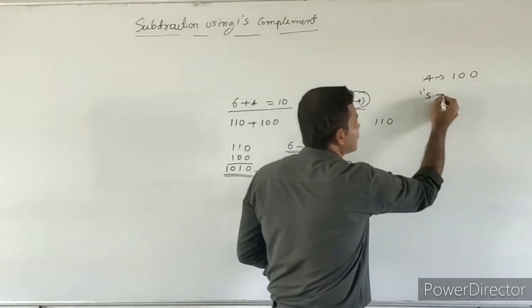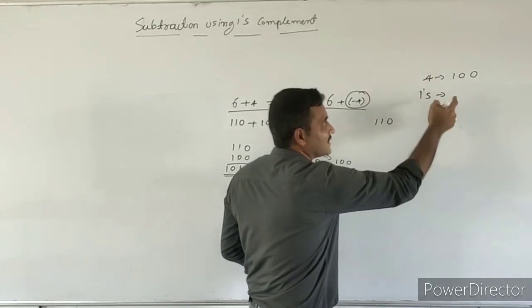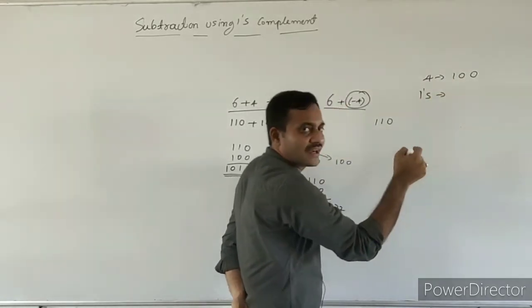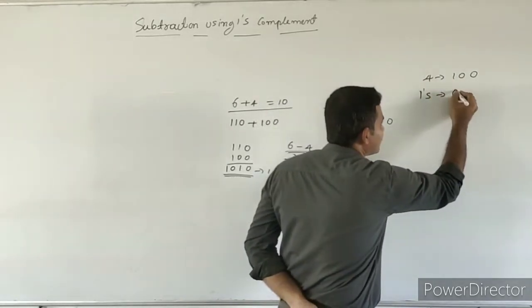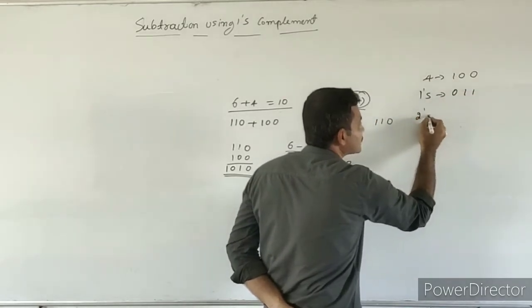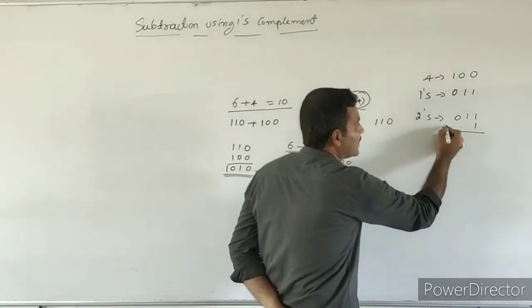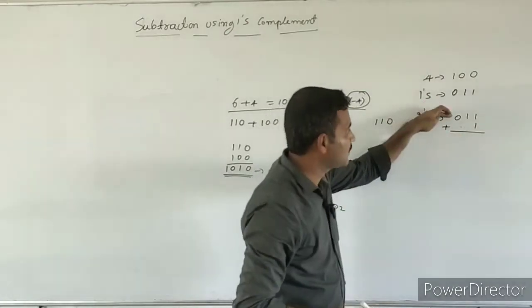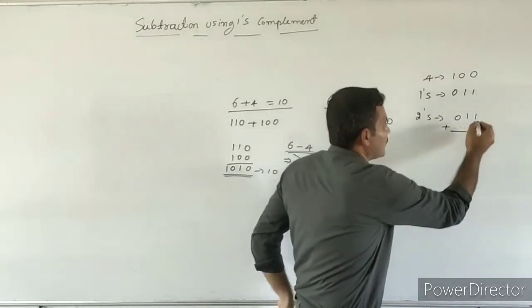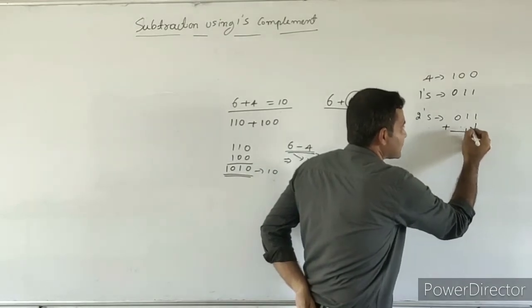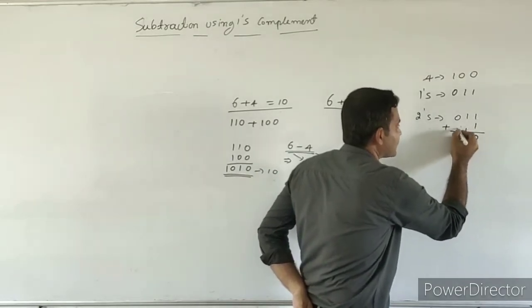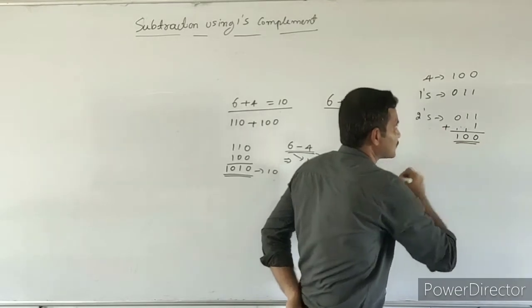In 1's complement, we just replace all 1s by 0 and all 0s by 1. It becomes 011. If it is 2's complement, it means 011 plus 1, that is 1's complement plus 1. Then 1 plus 1, 0, carry to the next stage, 1. This is the 2's complement.